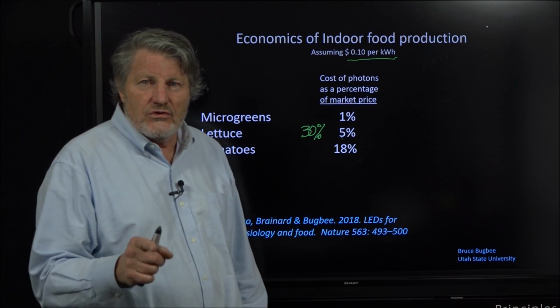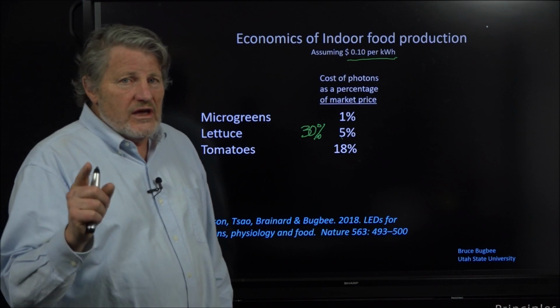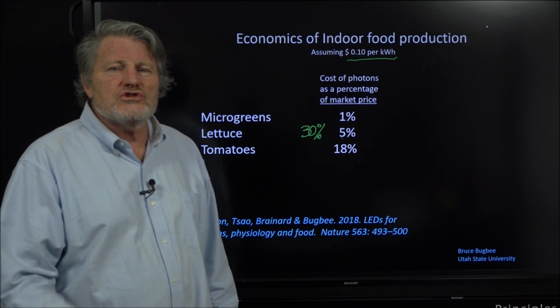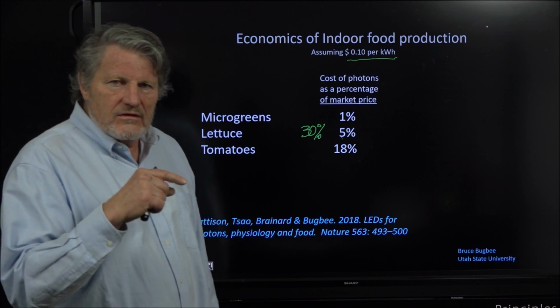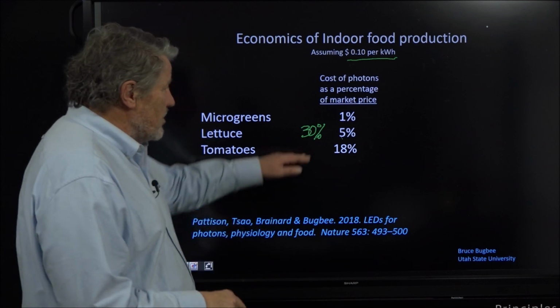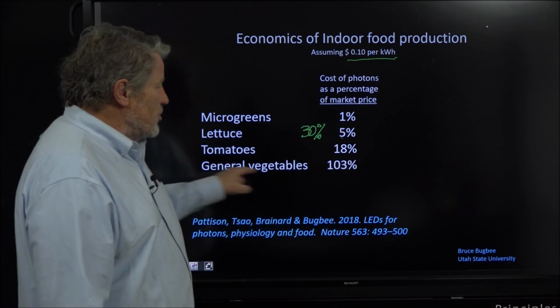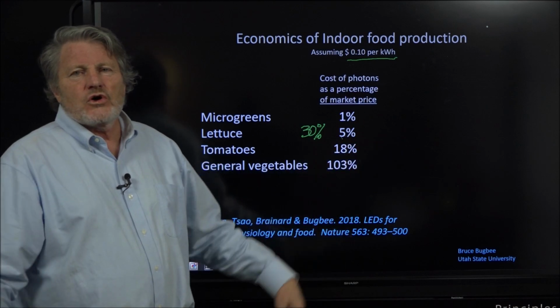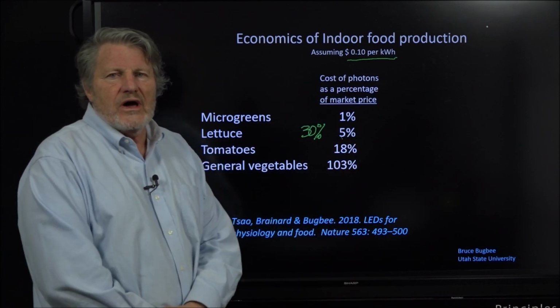Now let's look at other vegetables. Let's take broccoli. Lots of broccoli we can't sell. Stems, leaves, roots, and broccoli is more dry weight and less water, and it doesn't command the premium price that lettuce and tomatoes do. General vegetables, the cost of the photons is equal to the market value of the product.